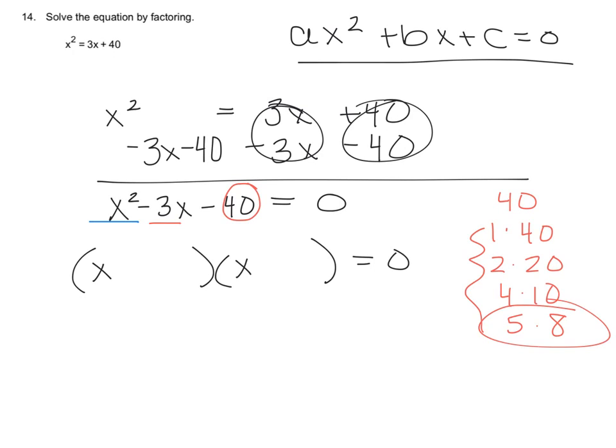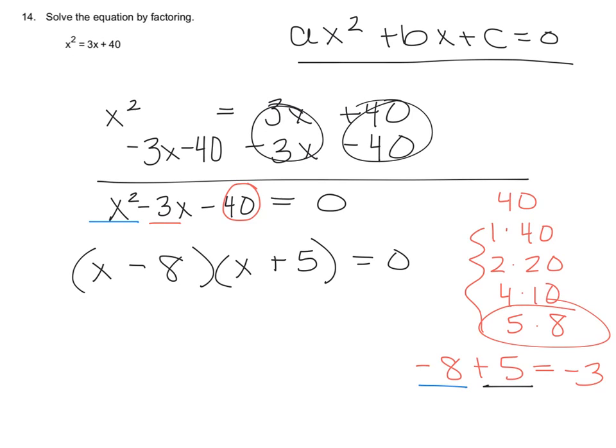So I'll select the 5 and the 8 because a negative 8 plus 5 will give me that negative 3. This tells me that I'm going to place a minus 8 in one parenthesis and a plus 5 in the other parenthesis. So my factors are x minus 8 times x plus 5.